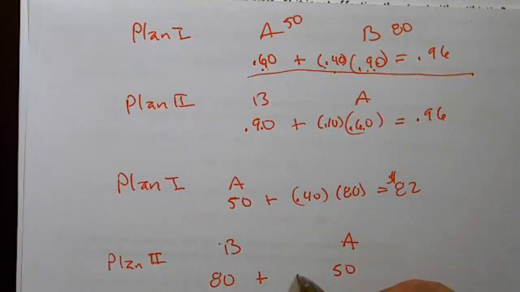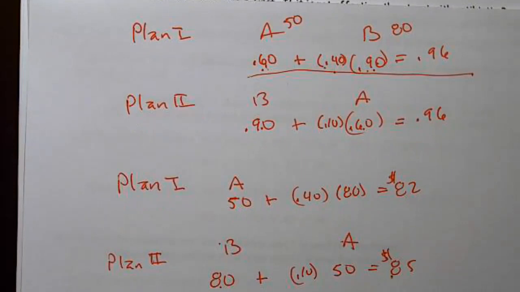I only have to use it 10% of the time, which means Plan 2 in the long run costs $85. For any one patient, it's either going to cost $80 or it's going to cost $130. But on average, we expect to spend $85.